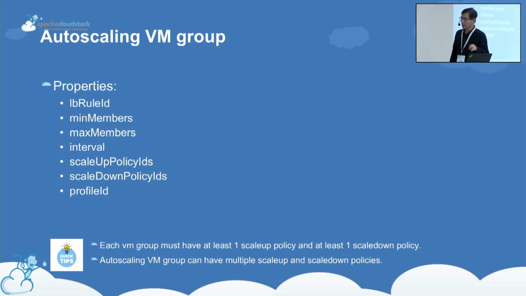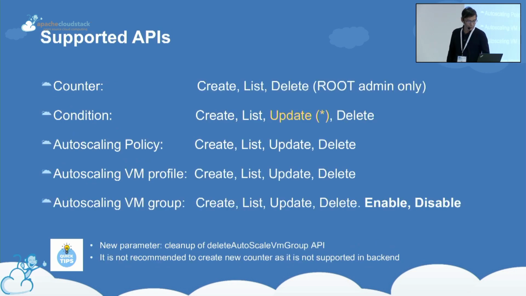And the last one is profile ID, so it's the ID of the AutoScale VM profile. Please note, each VM group must have at least one scale-up policy and at least one scale-down policy. And a VM group can have multiple scale-up policies and multiple scale-down policies.